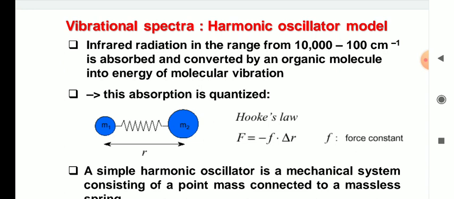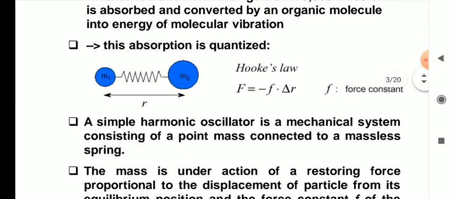According to Hooke's law, the force of repulsion or attraction is directly proportional to the displacement of the particle or atom. Therefore, F is equal to minus k into delta r, where k is a constant which we call the force constant.